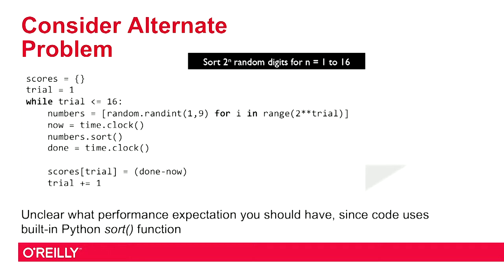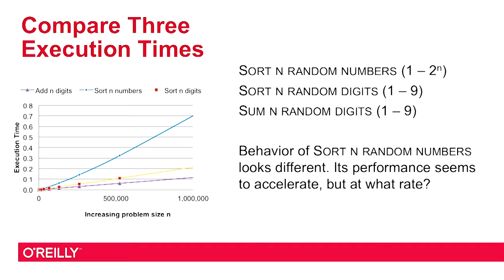When you do this, you'll see some interesting behavior. I'll first show you the overall chart, and then we'll go back and look at the code. On this graph, I've got 3 different lines. The first line is the one that sums n random digits. That's the adding one purple line all the way at the bottom. As you see, it exhibits linear growth.